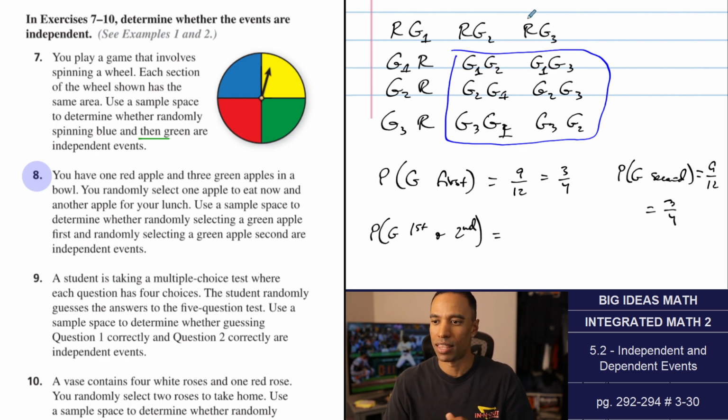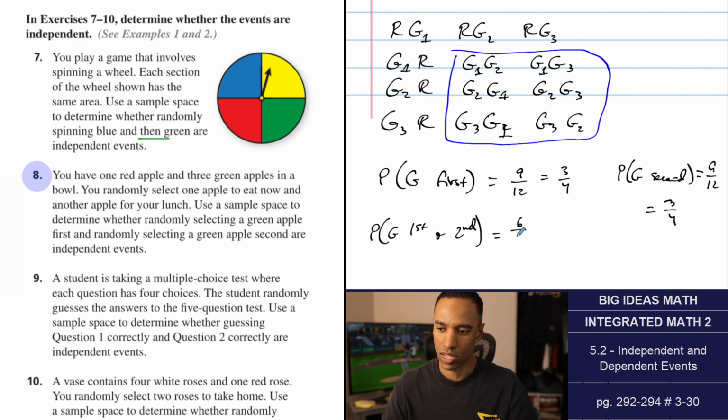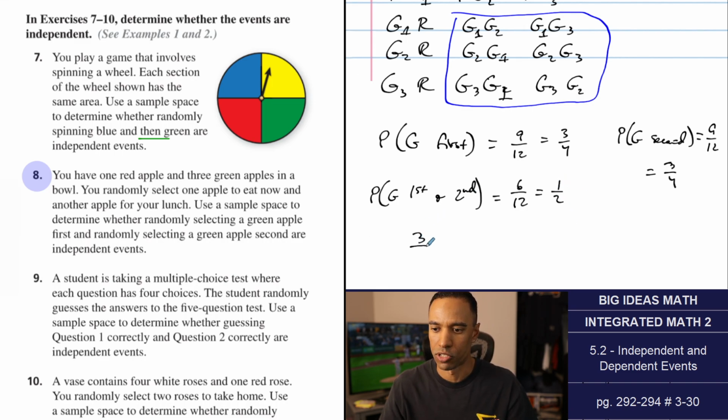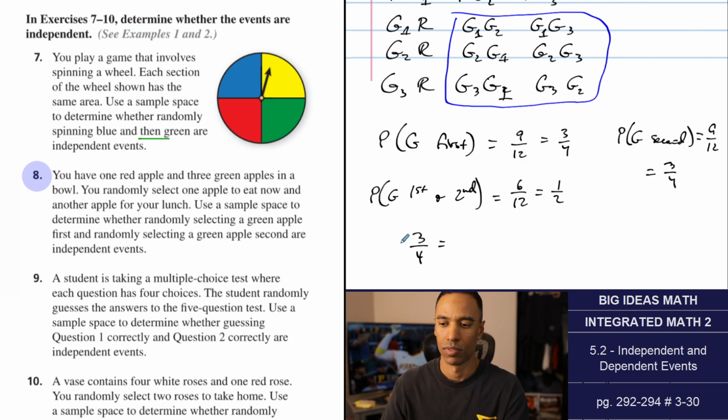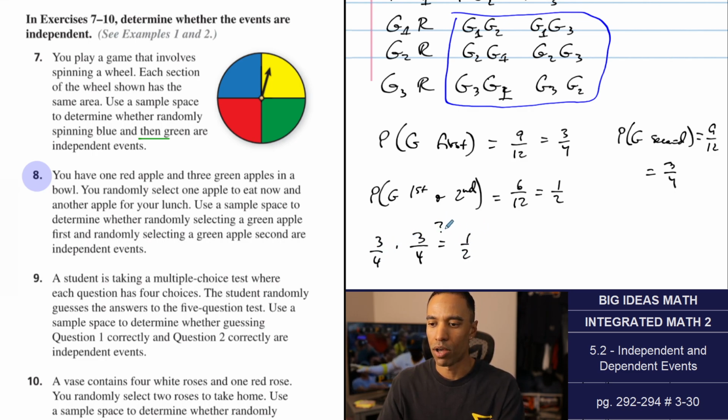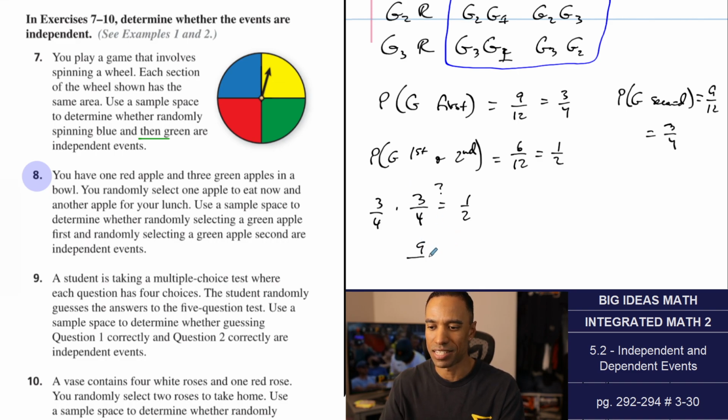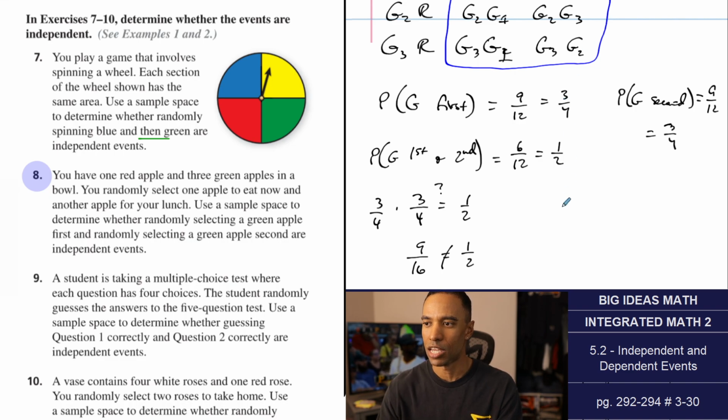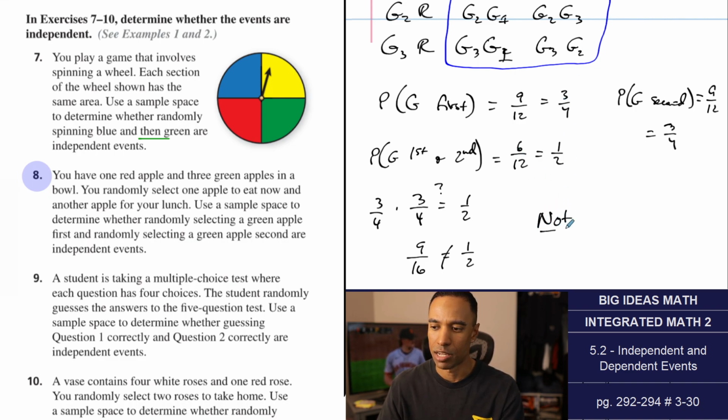None that have red, that's 6 out of 12, which is 1/2. The question is, does 3/4 times 3/4 equal 1/2? Well, 3/4 times 3/4 is 9/16. 9/16 does not equal 1/2. They are not equal. So these are not independent.